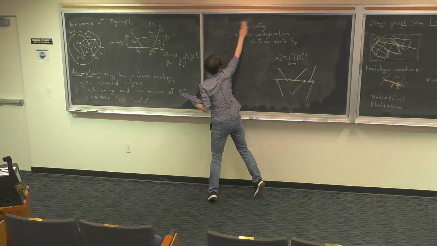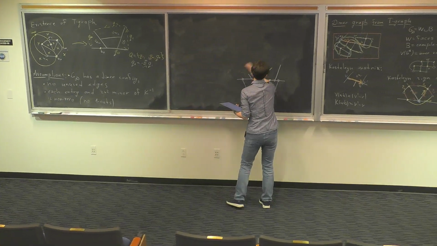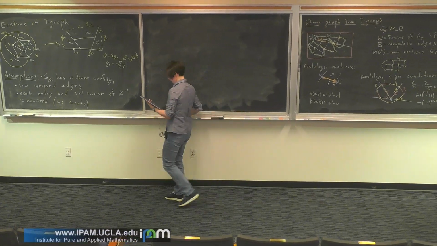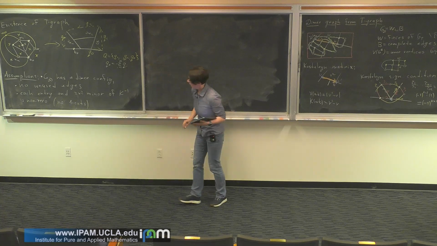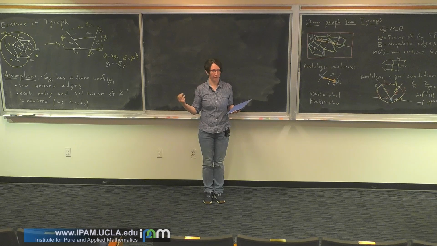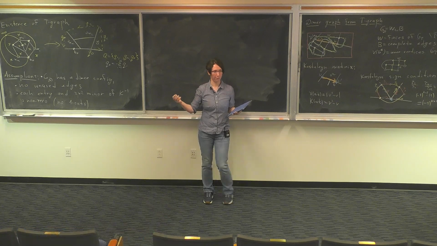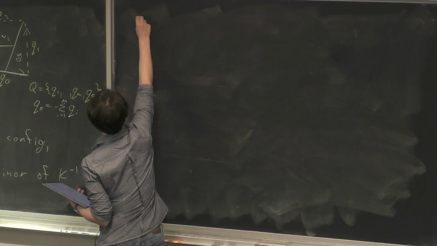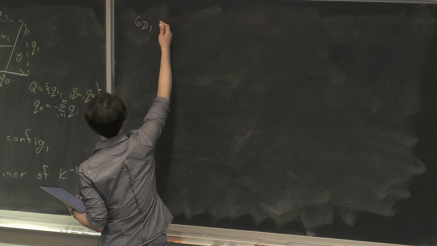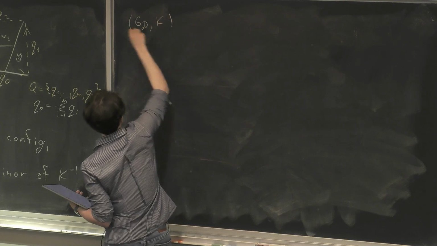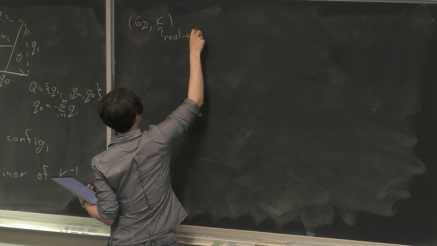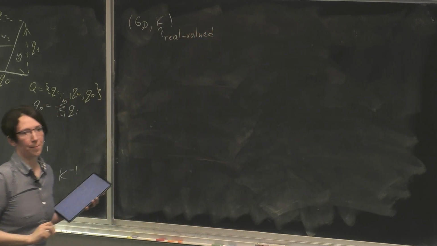All right. And let us deal with plus minus Kasteleyn signs. So the Kasteleyn matrix is real valued. So we have GD, which is a planar bipartite graph, and the Kasteleyn matrix, which is real valued. Okay.